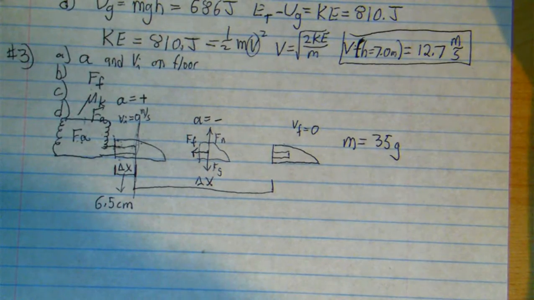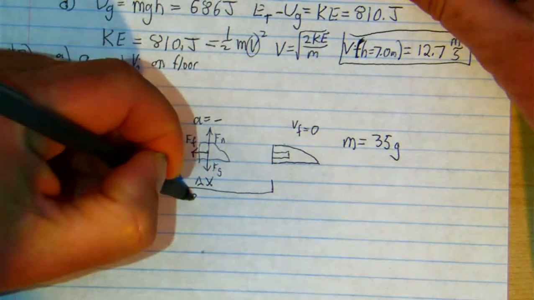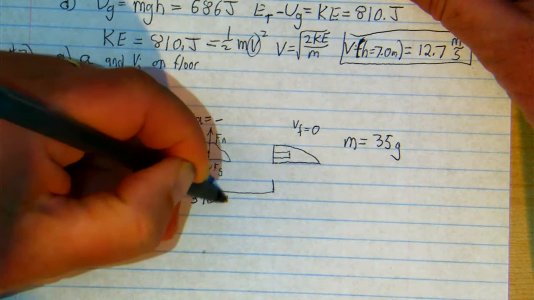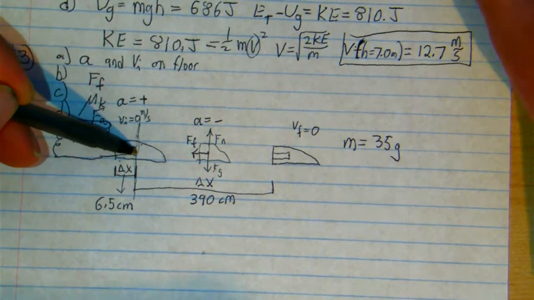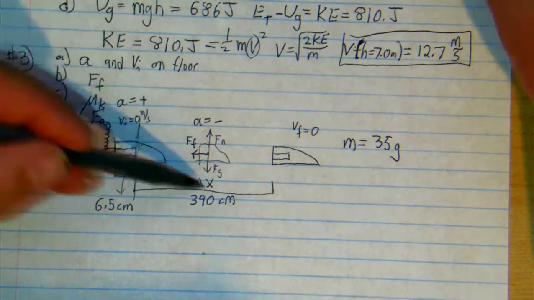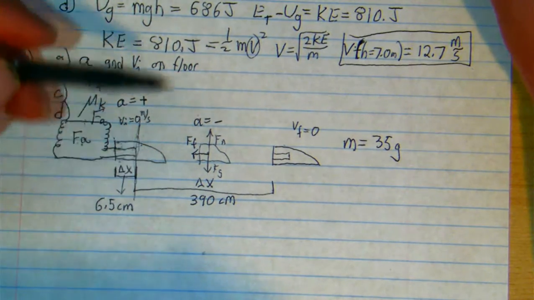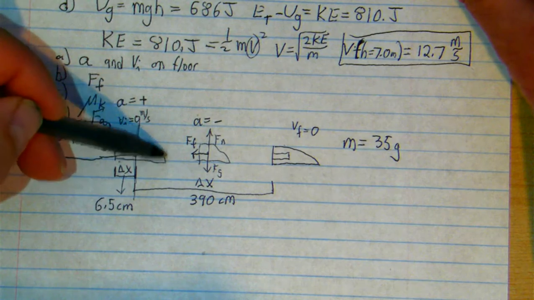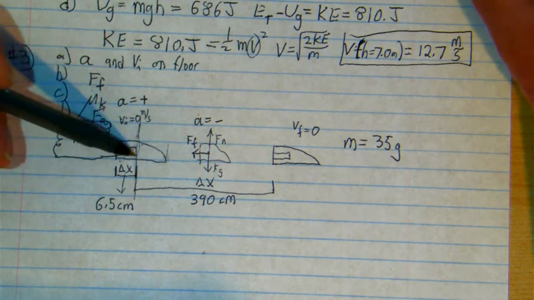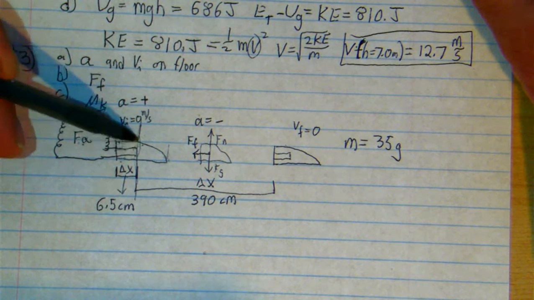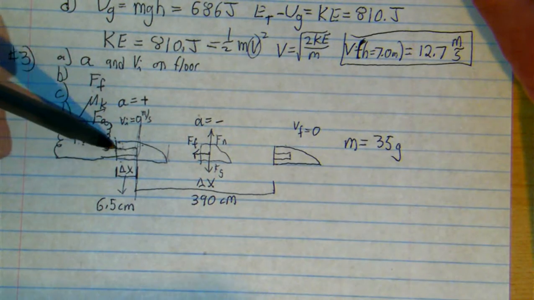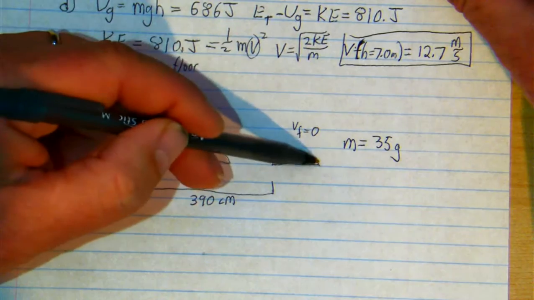The distance that it traveled across the floor after it was launched, so we're not starting from back here, we're starting from the tip of the launcher, was 390 centimeters. And by the way, we measure that from the tip of the slider car when the back end is against the launcher, not shoved in, to the tip of the slider car.